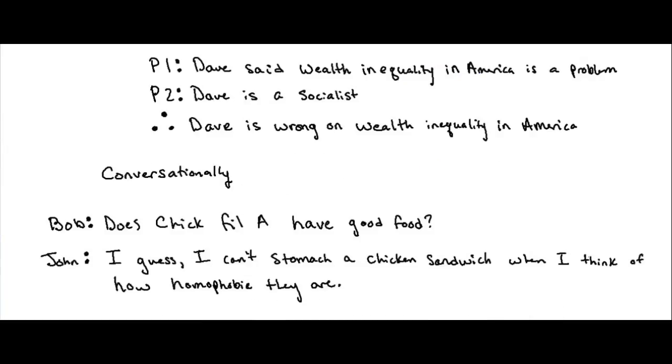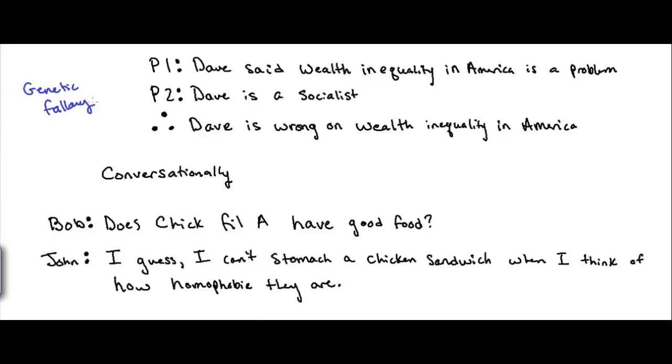Looking at this next one, Dave said wealth inequality in America is a problem. Dave is a socialist, therefore Dave is wrong on wealth inequality in America. So is it true that socialists can never be right? Should we simply just dismiss anything socialists say because they are socialists? Well, this is called the genetic fallacy.